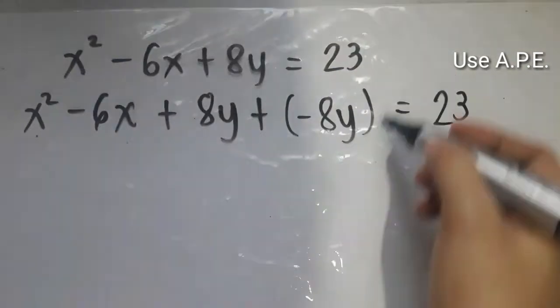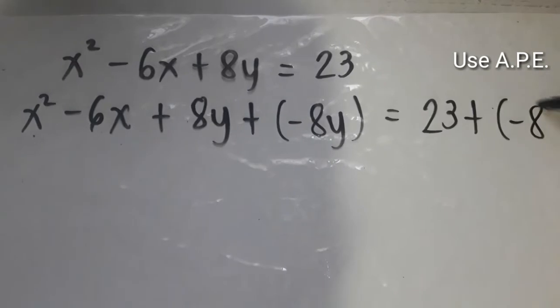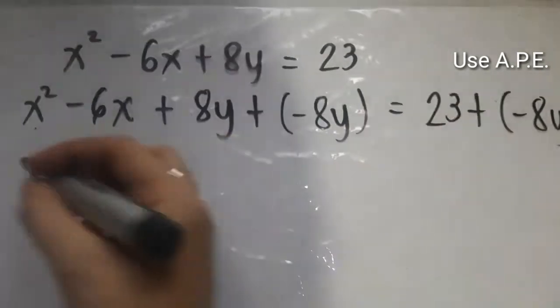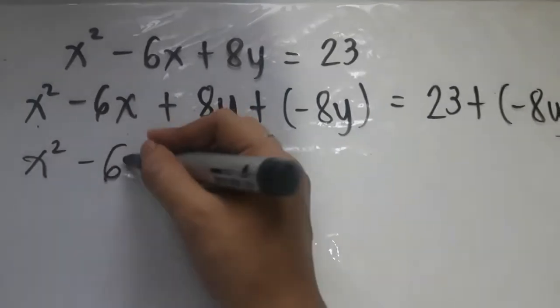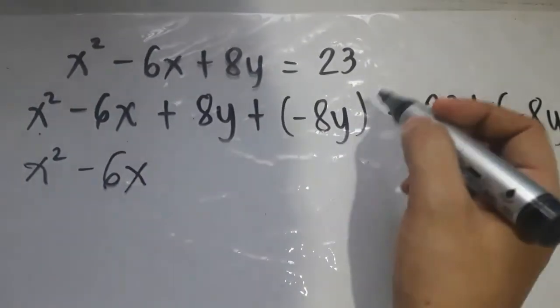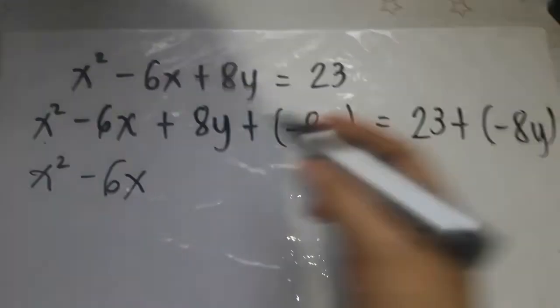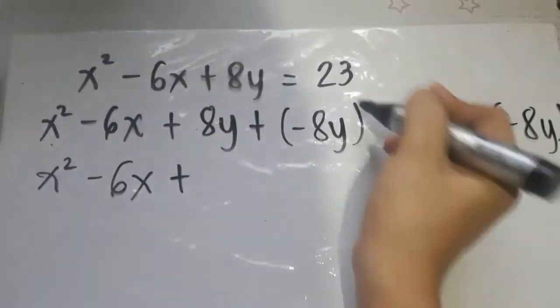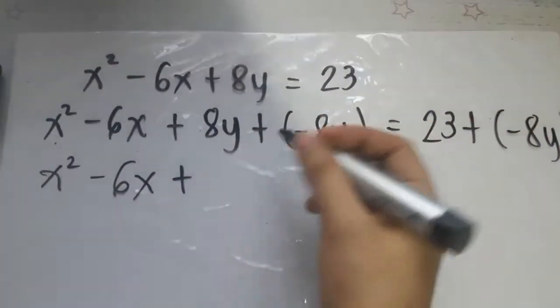If we add negative 8y on the left side, we should do the same on the right side. So, plus negative 8y. 8y plus negative 8y is 0, equals 23 plus negative 8y. So this becomes 0. Actually, that's the purpose of using APE.